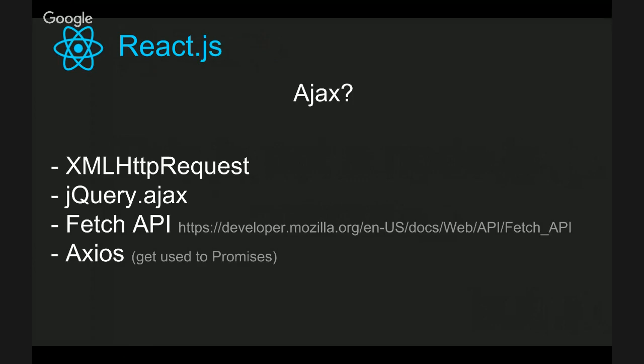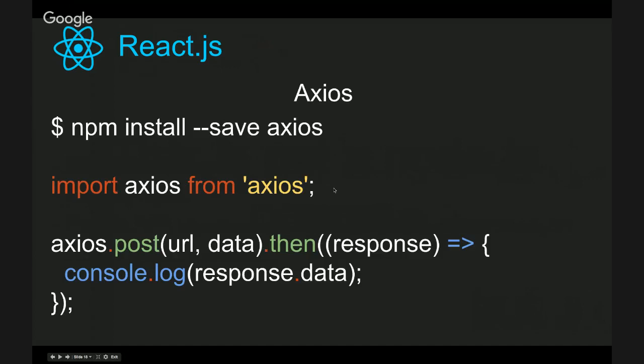It's almost a simple wrapper over the fetch API that works the same across server side or client side. So it's pretty much enough for what we're going to do. The thing is that you're going to get used to promises, because Axios is all about promises. So how does Axios work?